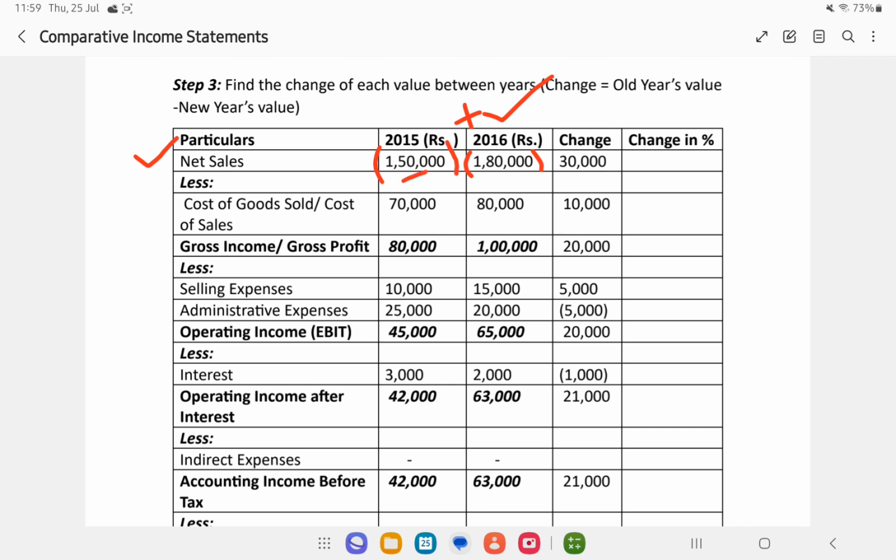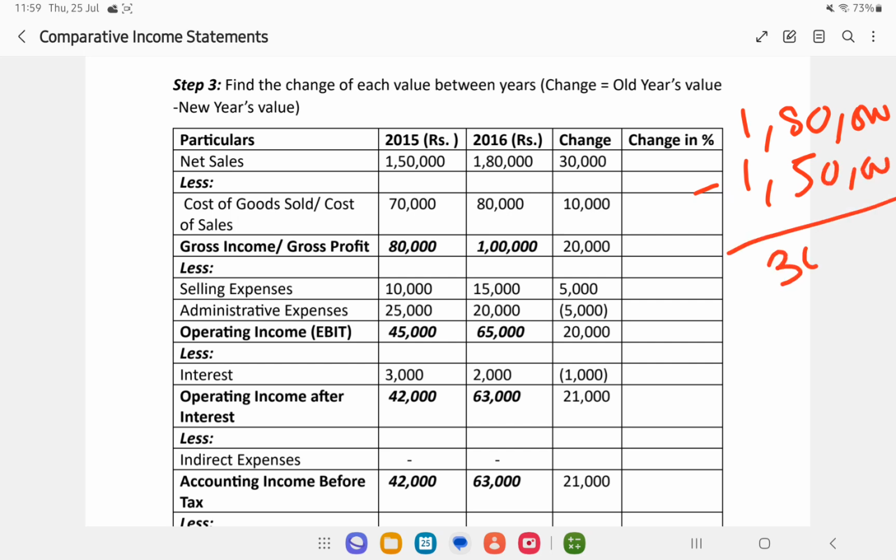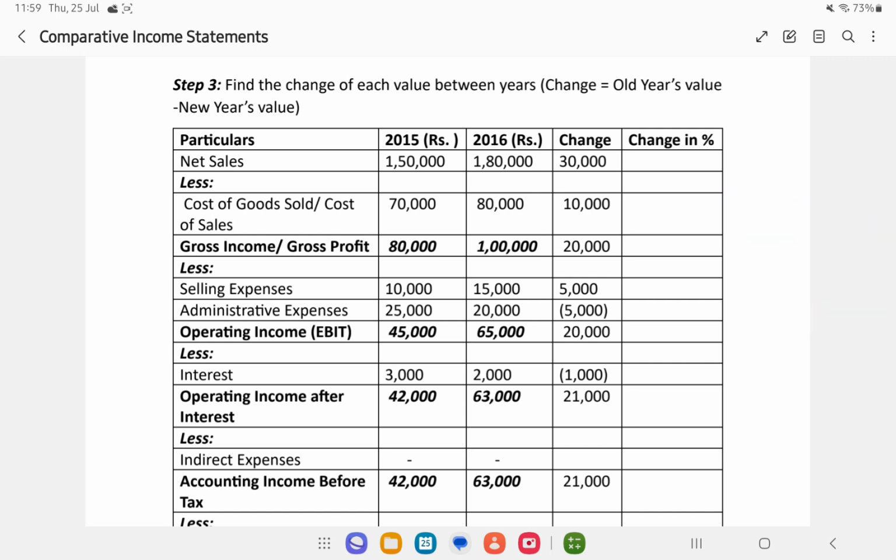It was 1,50,000, and it is now 1,80,000. This is a positive increase of 30,000 rupees. How did we find the increase? As I told before, what is the new year's value? 1,80,000 minus 1,50,000. You will get the answer 30,000. Hope that's clear to you. That is what we call the change.